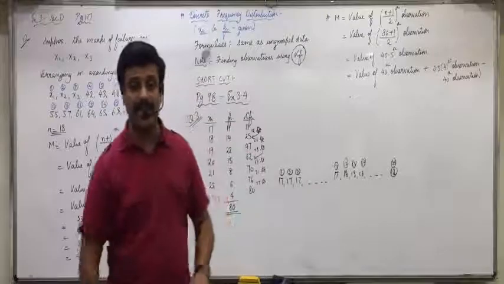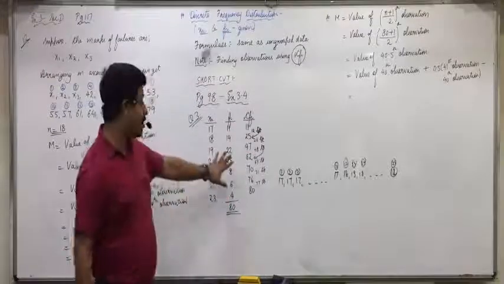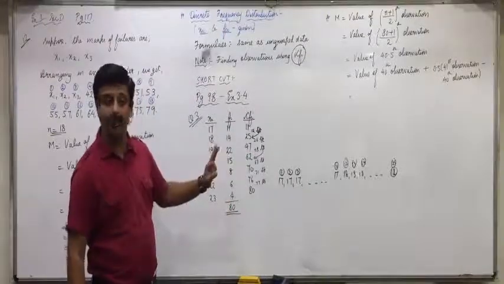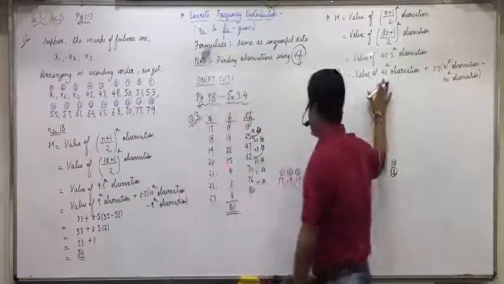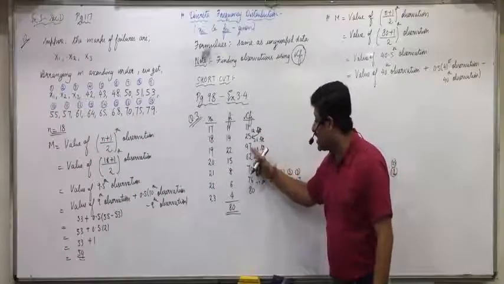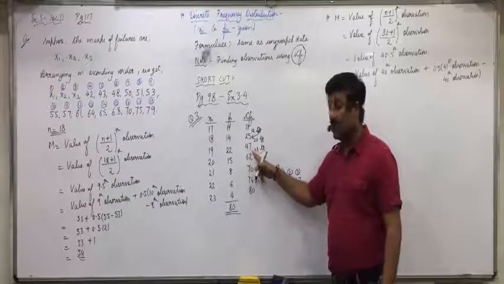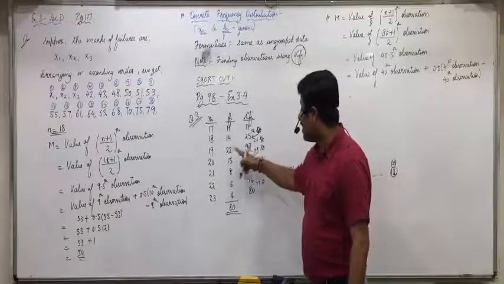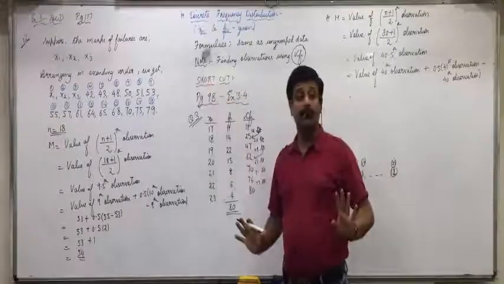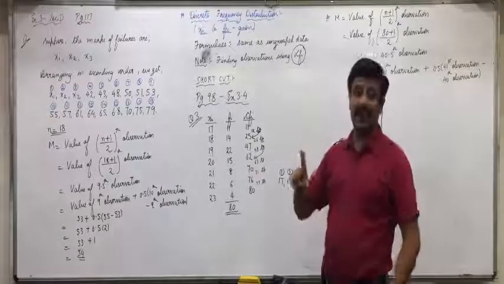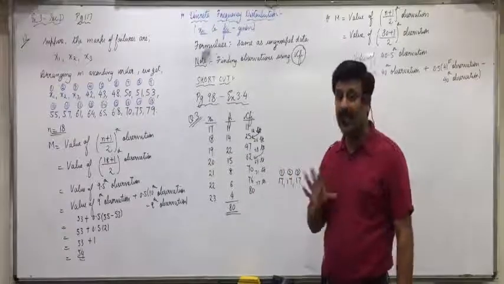Understood the concept of CFI? Any confusion with this? Raise your hand. Now, the 40th observation will come between 26 to 47. 26 to 47 all are 19. Means 26th is 19, 27th is 19, 28th is 19.